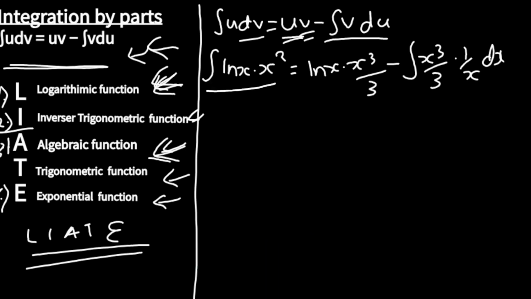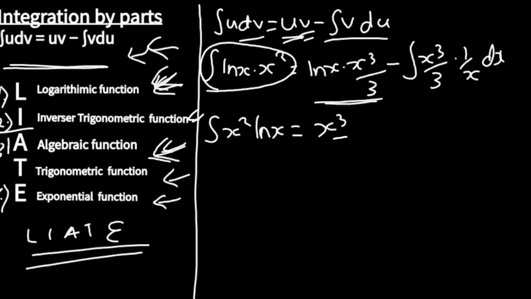When you look at this, you can arrange it properly. The integral of x squared ln x is equal to, we can also arrange this properly, x cubed over 3 ln x minus the integral of x cubed over 3, dot, 1 over x dx.